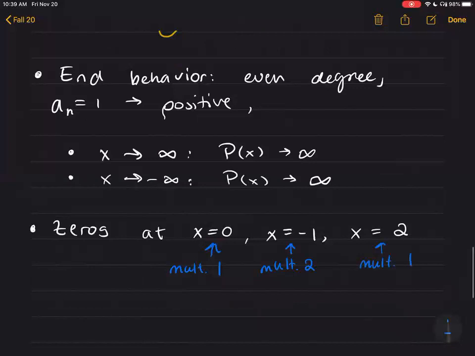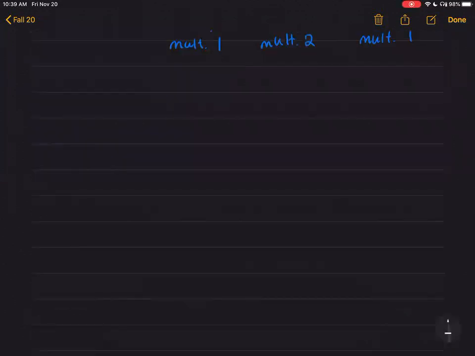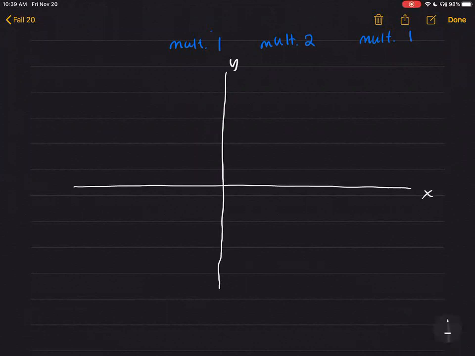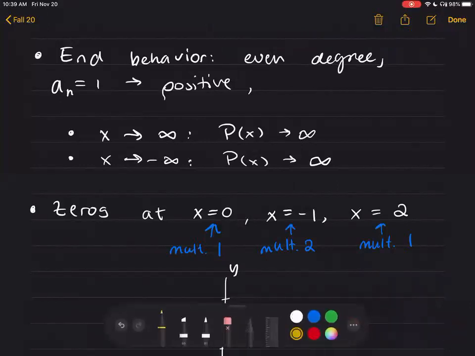All right. So now, with this information, we can actually graph. So let's do that. Okay, so now the end behavior says that while x is way off to the left, I'm looking at this rule right here.